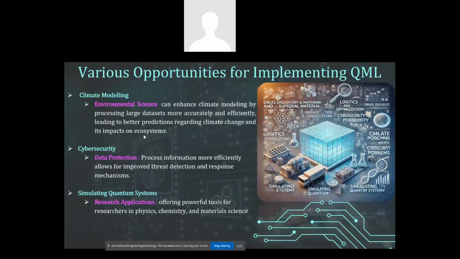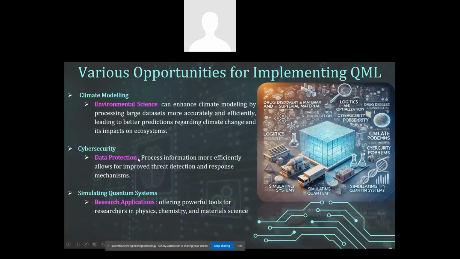We need to implement QML to make our system more secure. Data protection wise, it's very useful. Every technology can be used in a positive or negative manner, so we need to use it in a positive way. That's why cyber security is a very important key concept in quantum machine learning.